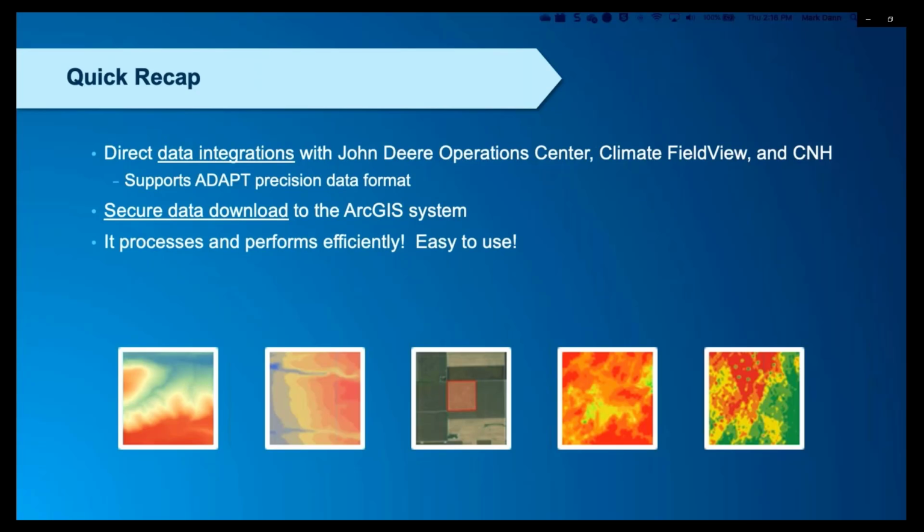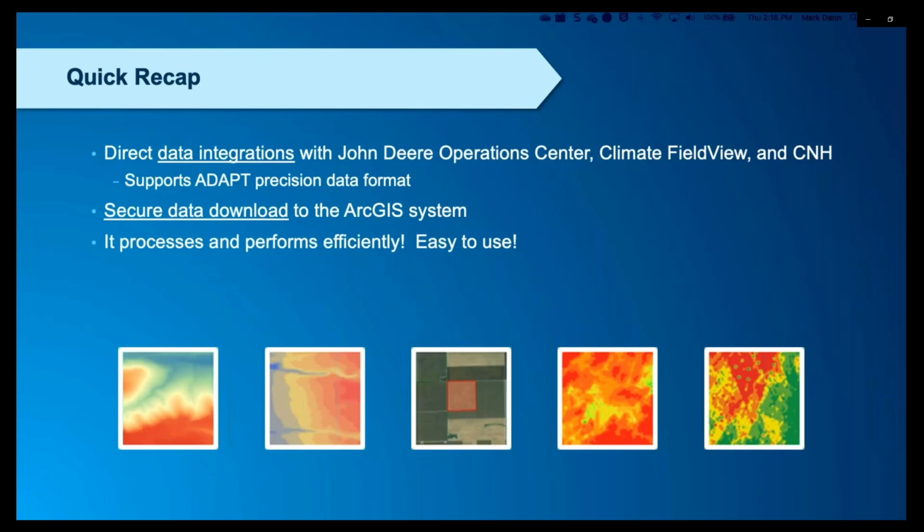In the toolbar, there's an ADAPT tab, and you can basically upload and convert your ADAPT data so that they don't have to actually be in the cloud, which is a great aspect of the feature, because then you can mix and match data, not only from your John Deere Operations Center and Climate, but also your own ADAPT data. Awesome. And just to reiterate, it's all securely downloaded to the ArcGIS system.